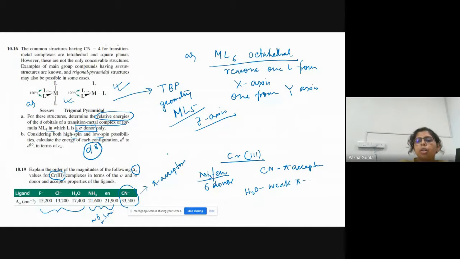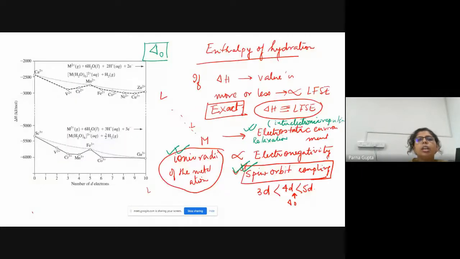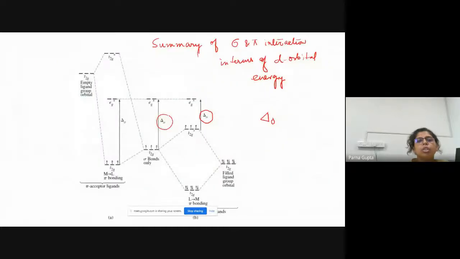Then you have Cl minus and F minus. Among these two, F minus is a better pi donor than Cl minus. Looking at this picture, here it is just opposite: this is a pi donor and this is a pi acceptor ligand.